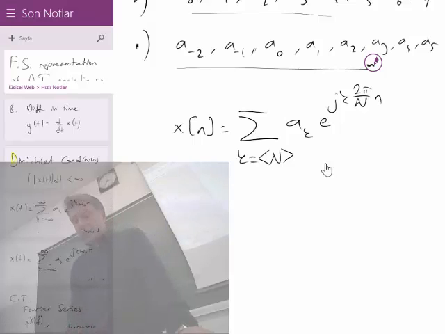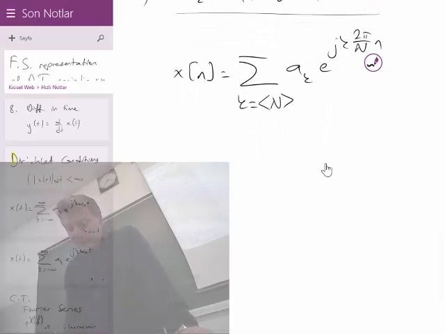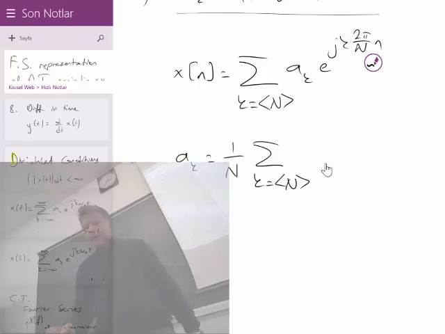So this is the Fourier series representation, and the formula to find a_k is 1 over N, where N is of course the fundamental period, times the summation, again in a duration of capital N. Wherever you start, you must end N points later.